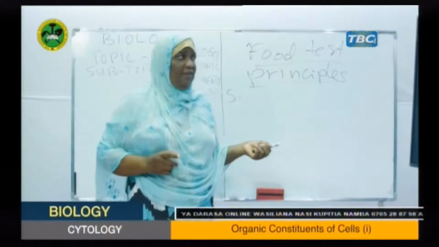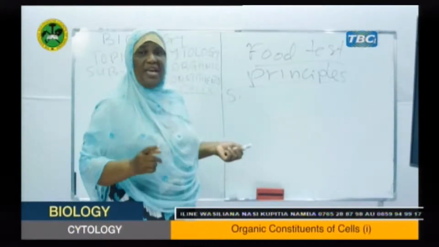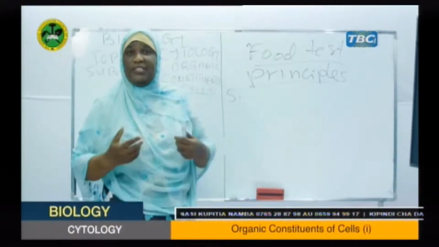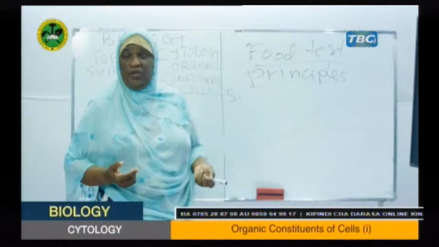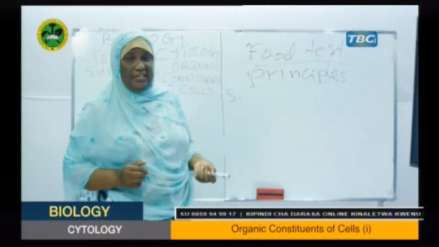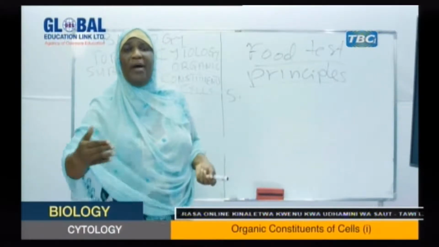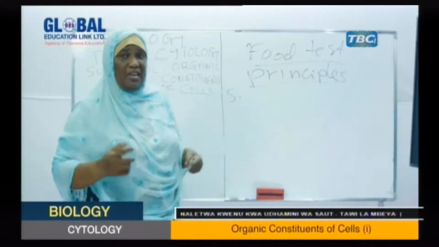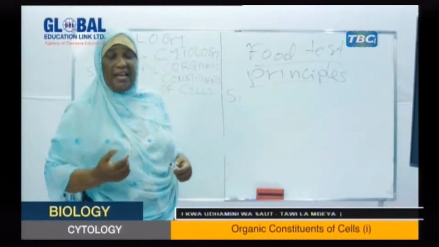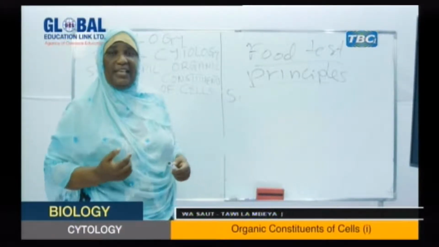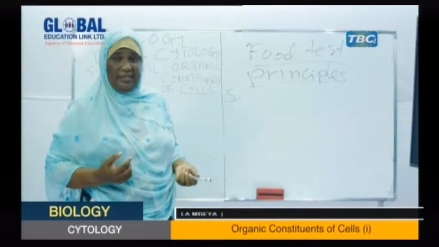Principle number 5 is you should be familiar with the procedure which you are going to use in each test. How you are going to go about. You should be familiar with the procedure of testing each food substance.